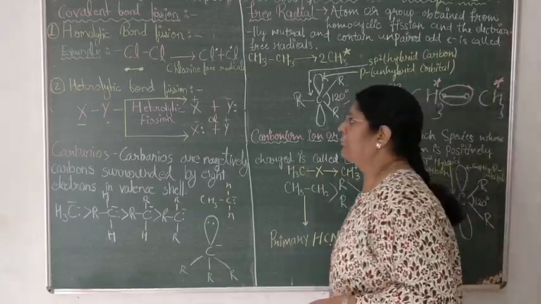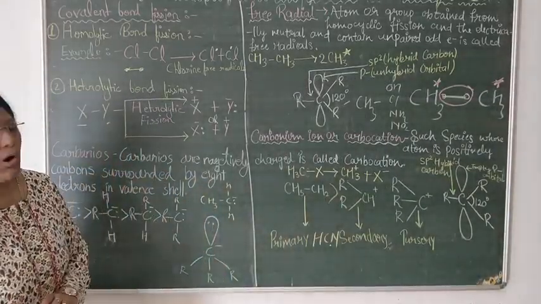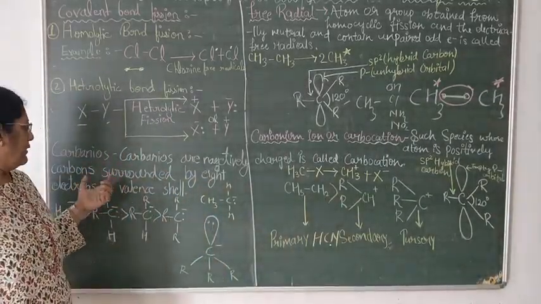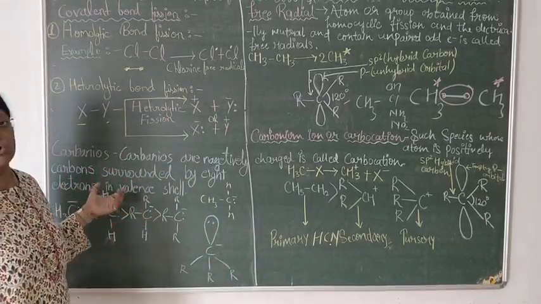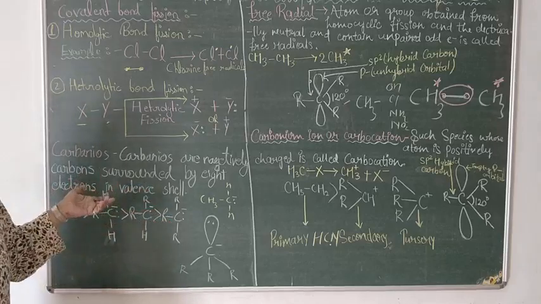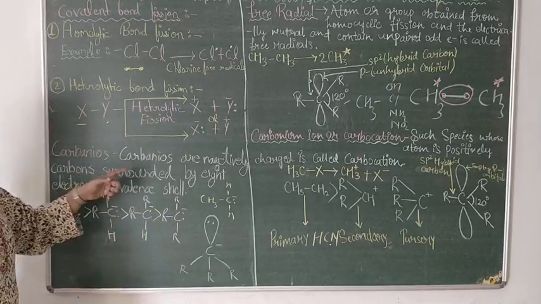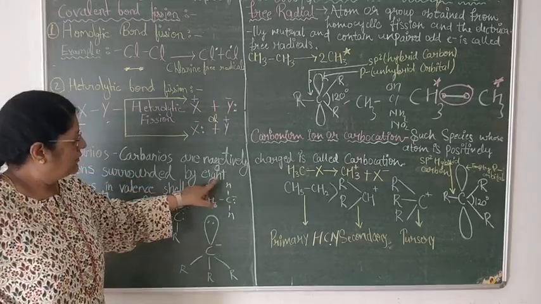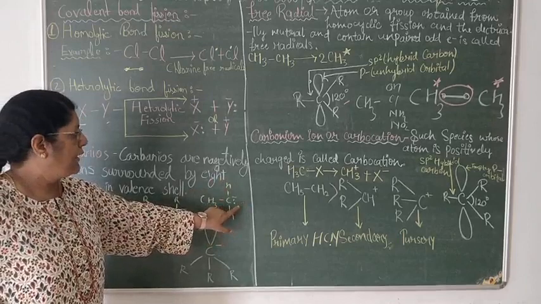Now we are coming to carbanion, where the negative charge is developed on carbon because of its valence shell. That is considered a carbanion. Here it was CH3, then CH2. This carbon has taken one more electron.